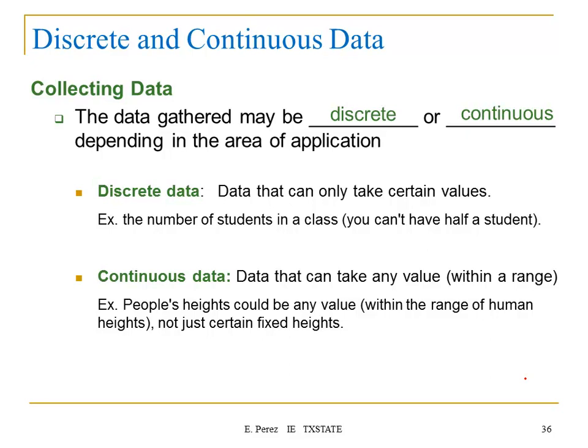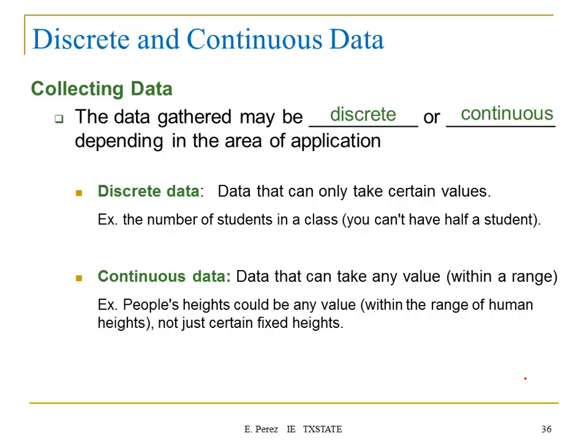You cannot have 1.5 students, you can have only integer numbers: 1, 2, 3, 4, 5, and so on. Continuous data, then, is data that can take any value within a range. So you can have decimal places. For example, people's heights could be any value within the range of human heights. So you can have values like 6.2, 6.3, and so on.